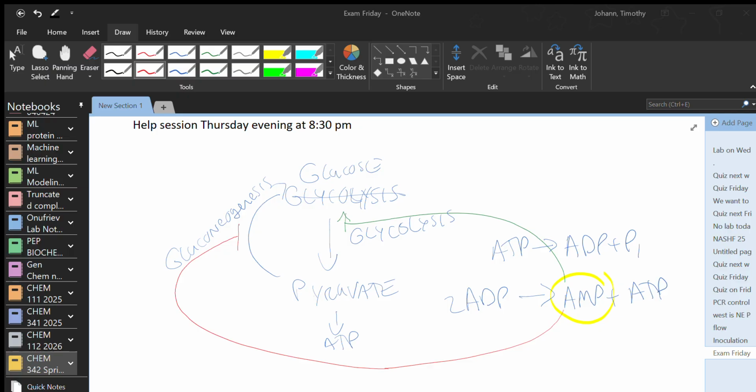This one's more important, but all of them are sites where you could do it. And then C, which enzymes? Okay, so B is how, right? So glycolysis would be activated.